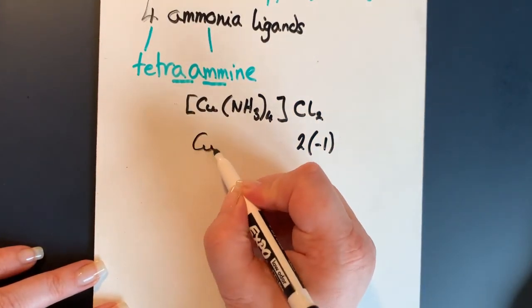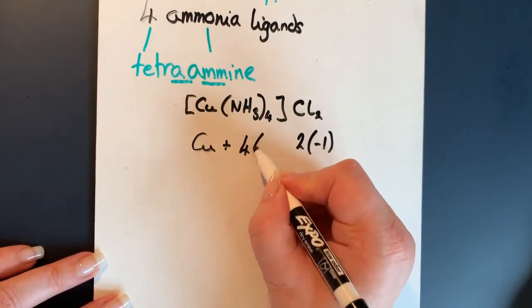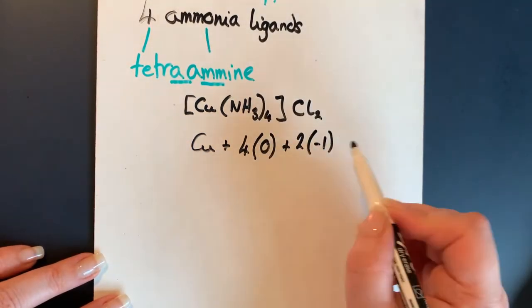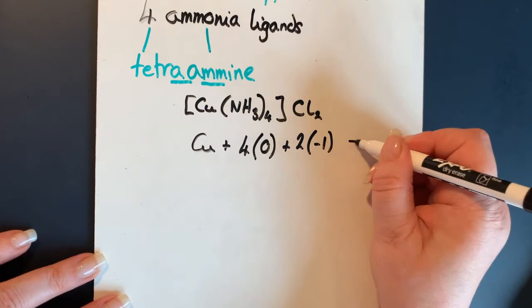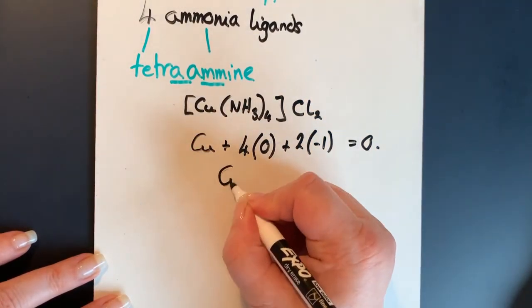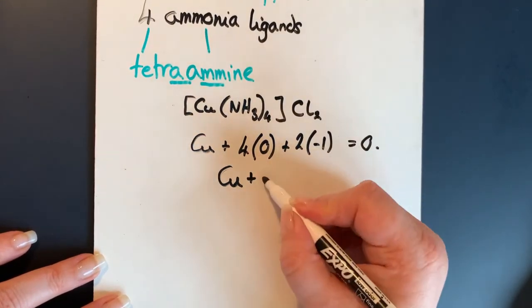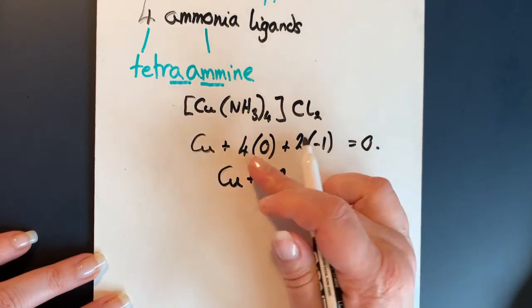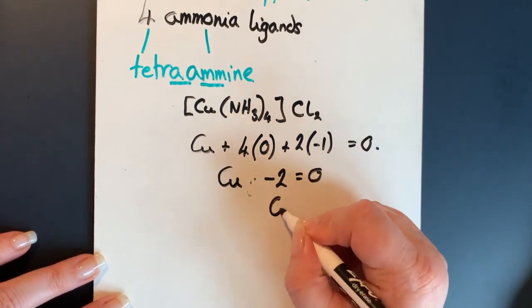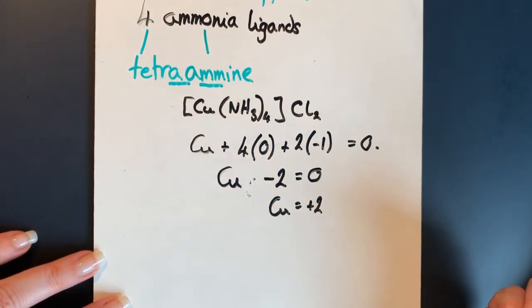We've got the charge of the copper, and ammonia has no charge, so that's 4 lots of nothing. And all of these charges together over the whole compound will be 0. So solving that, we've got our copper plus nothing, -2 equals 0. So copper must equal +2.